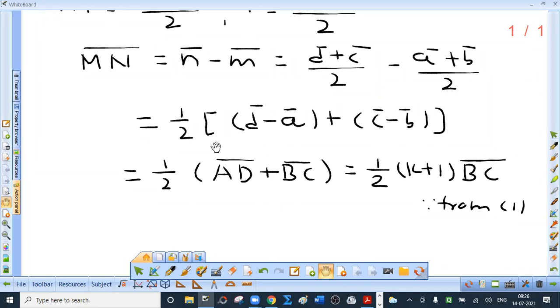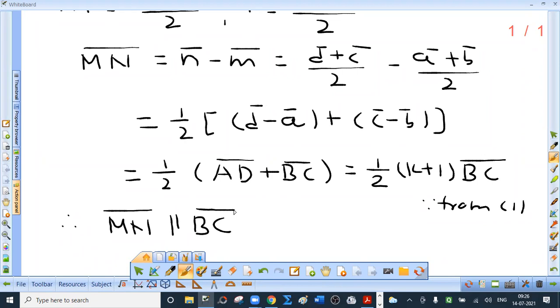This means MN bar is parallel to BC bar. We have to prove this only. And of course, second part is also there. Therefore, I can say MN bar is parallel to BC bar.